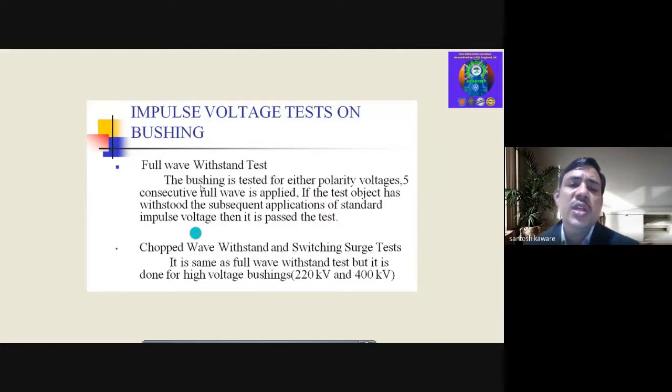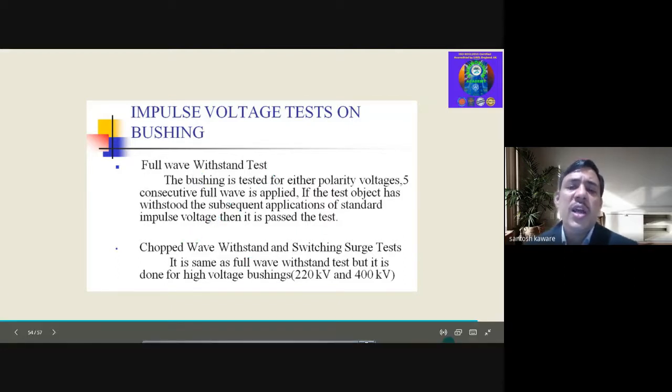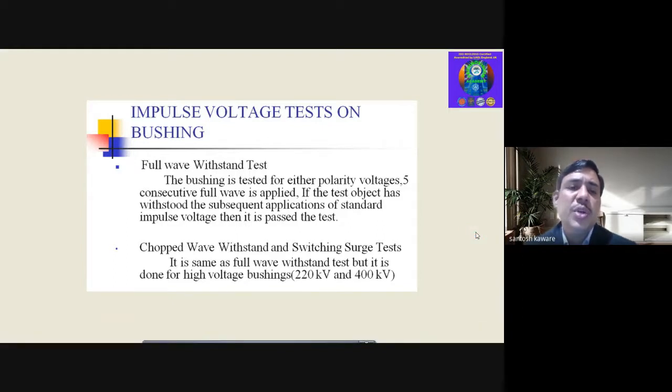Whatever voltage we apply through the apparatus, there is an arrangement to apply the voltage in different patterns, like full wave or choked wave. If we apply full wave or choked wave voltages across these bushings, then you can check its insulation.